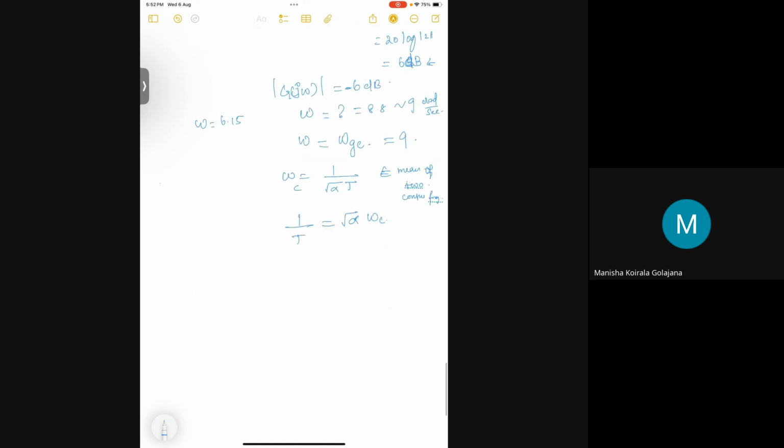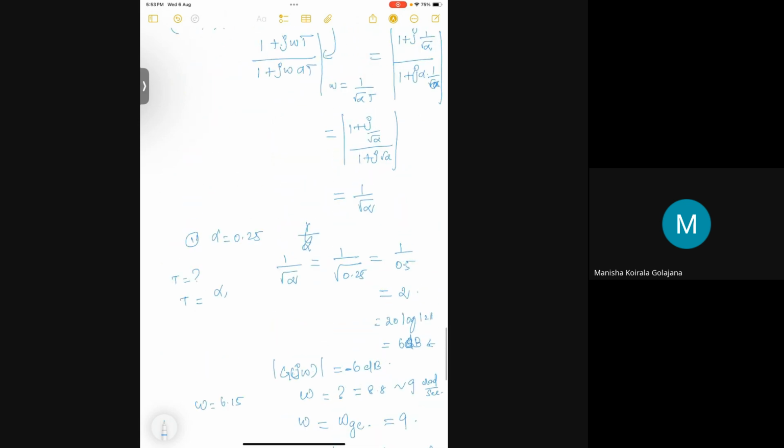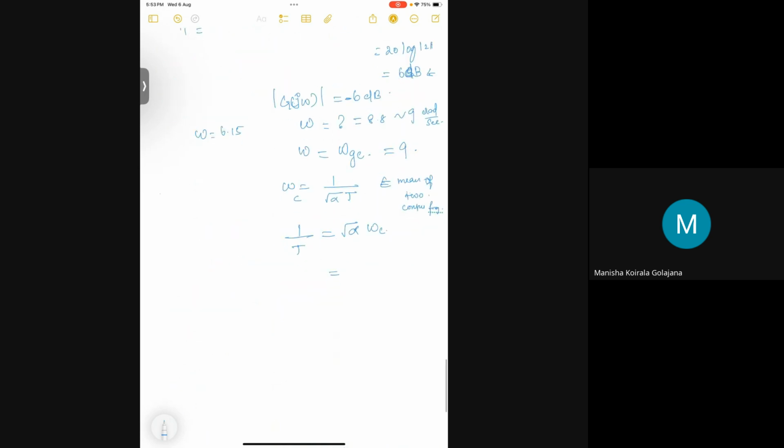Omega c we know, alpha we know. What is alpha? Alpha will be around 0.24. Root of alpha times omega c, we are taking 9. So now 1 by T we can directly put this value, right? This will give you around 4.4.